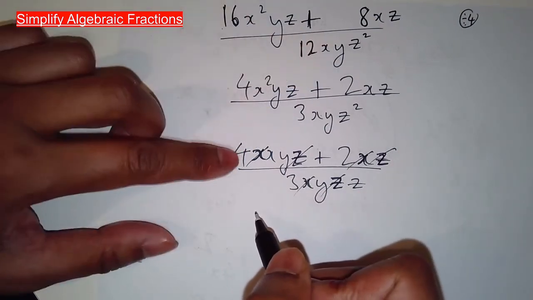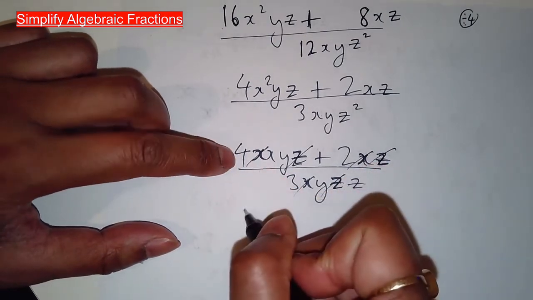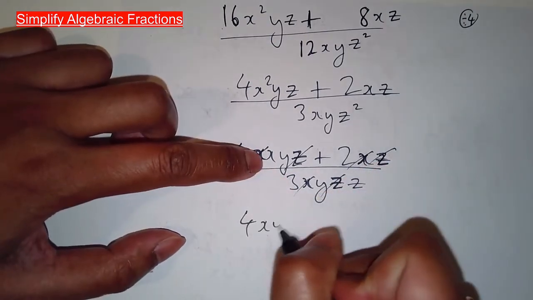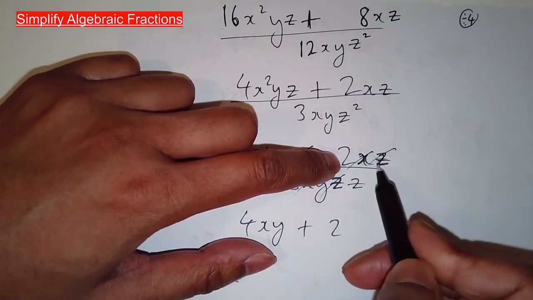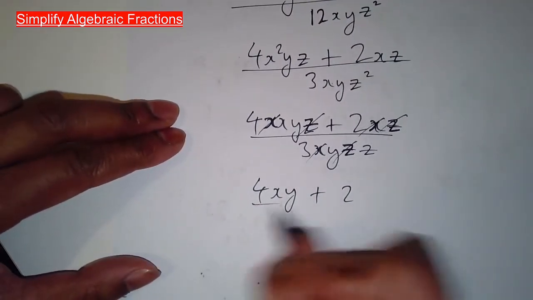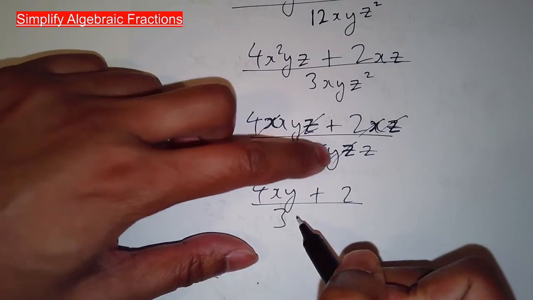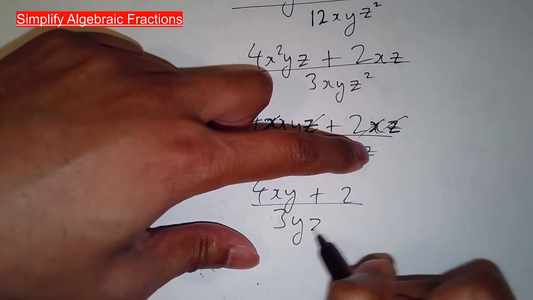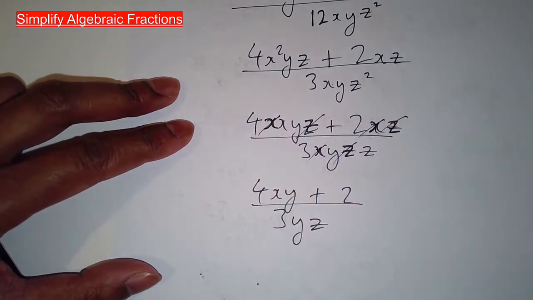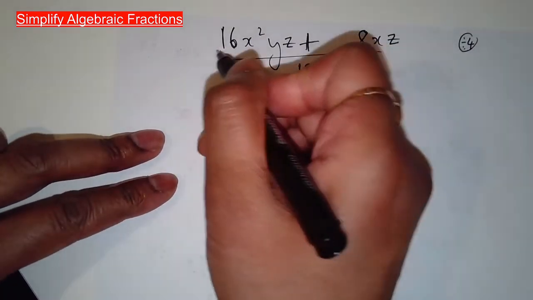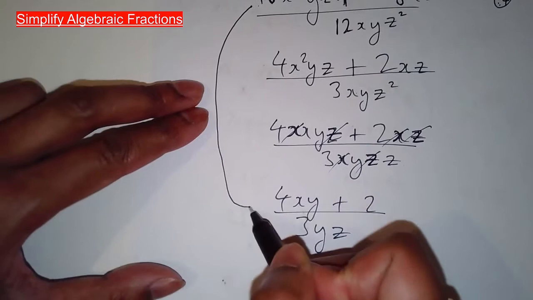Now let's just tidy this up. You've got a 4, xy, these have been cancelled. You've got the 2, everything cancelled here. 3, y, and the z. I've just not written down the letters that I've cancelled. So you can see this thing over here has been simplified.